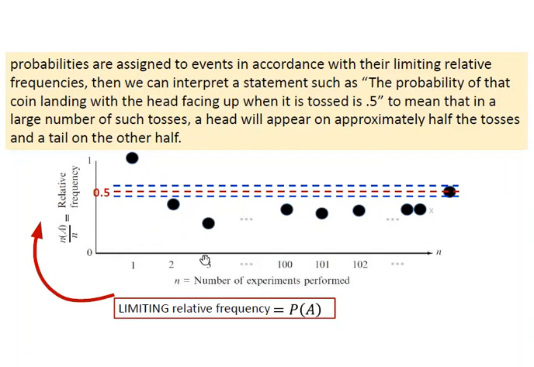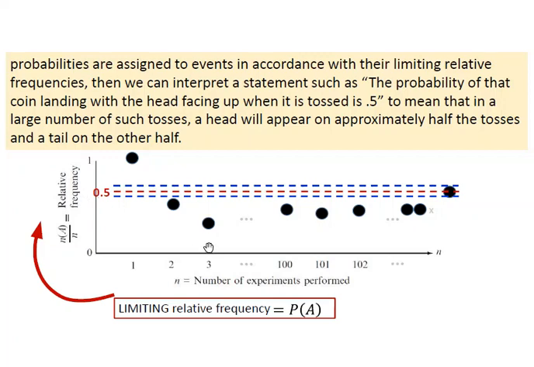You can see when the number of repetitions is small, the relative frequency is not close to the expected value of 0.5, but by increasing the repetitions, you can see that the relative frequency tends to the expected value of 0.5.